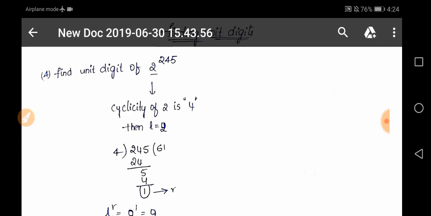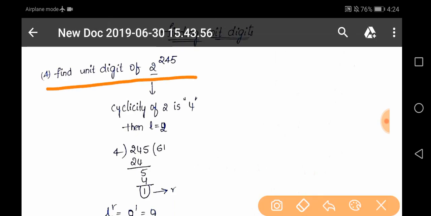Find the unit digit of 2 power 245. First, let us consider the last digit. The last digit is 2, right? The cyclicity of 2 is 4. Then the power should be divided by the cyclicity of 2, that is 4.